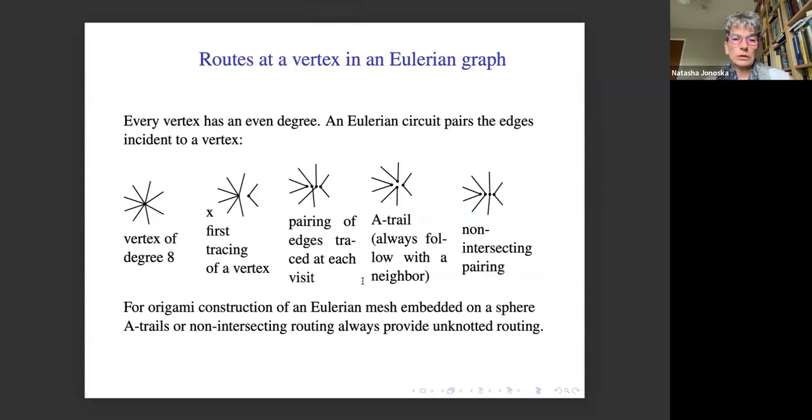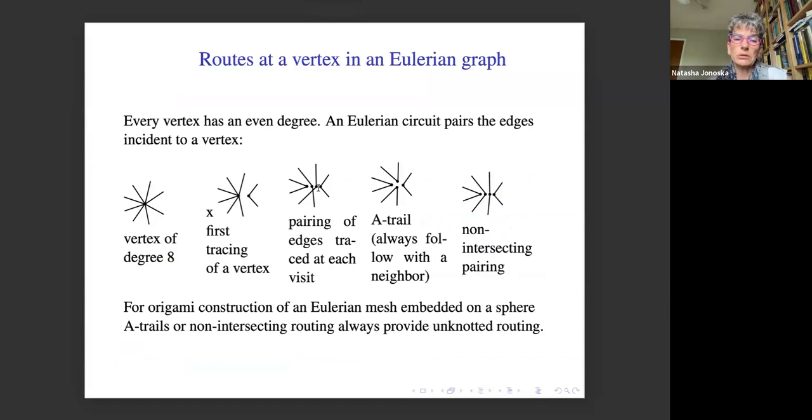So the way that one can think about this is, how do we actually find different trails, different traversings of the graph? If I have a vertex of degree 8, the first Eulerian path will join two edges.